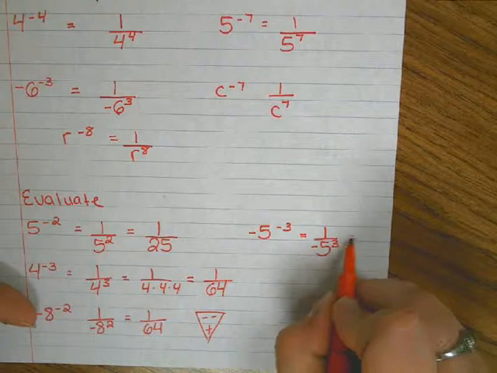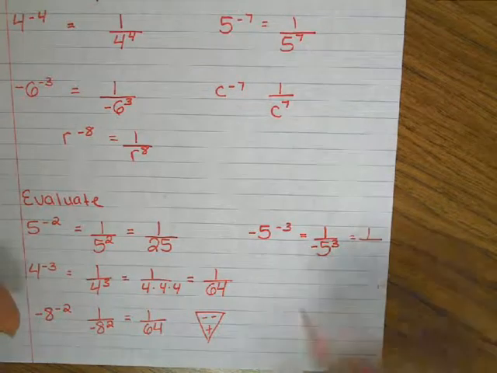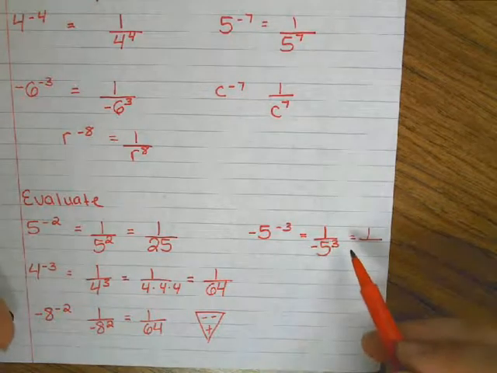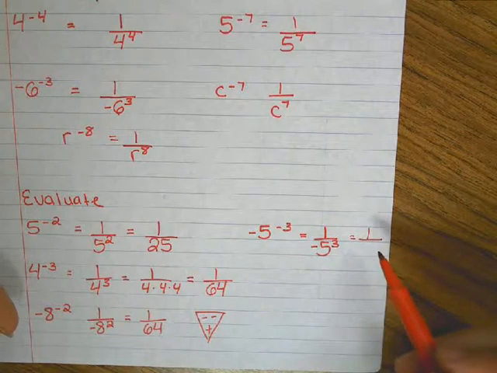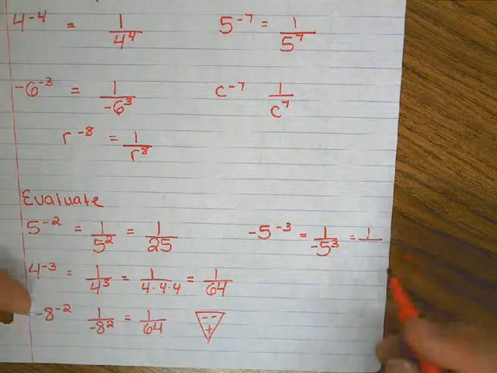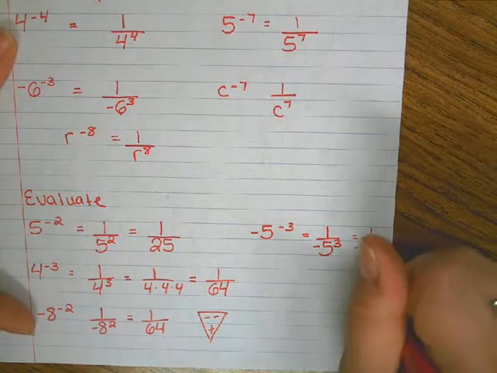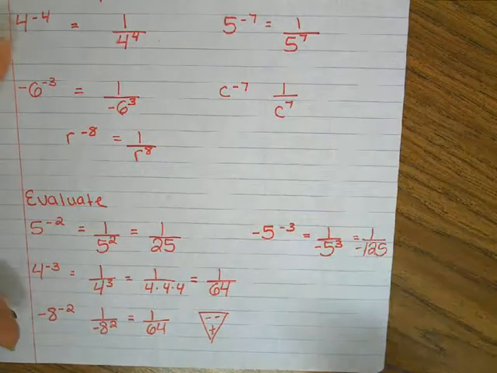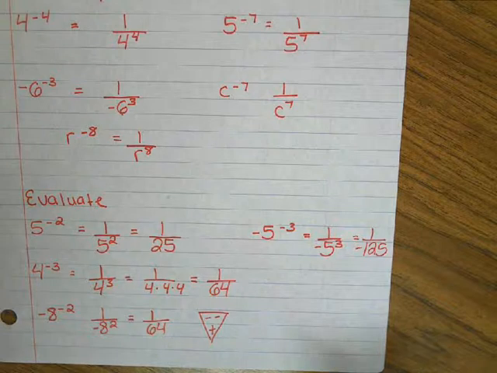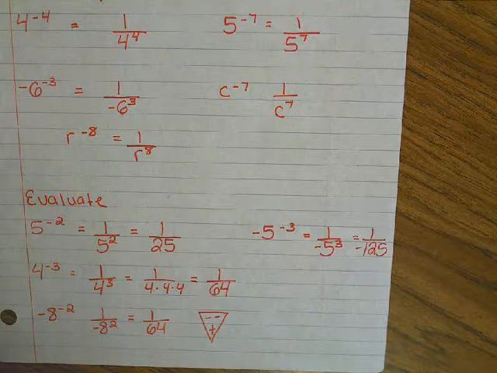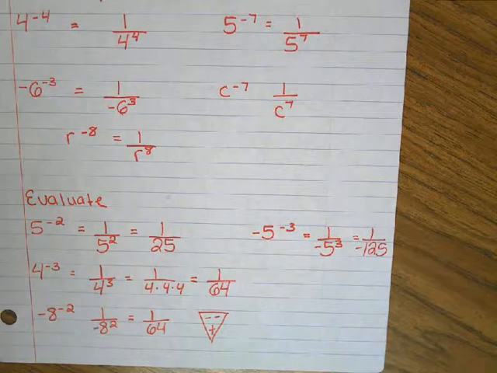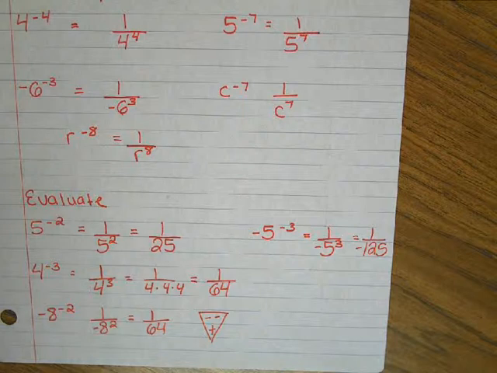So negative 5 times negative 5 gives me 25. 25 times negative 5? Positive or negative? Negative 125. Yep. Exponent's odd, it's a negative. Exponent's even, it's a positive. Okay?